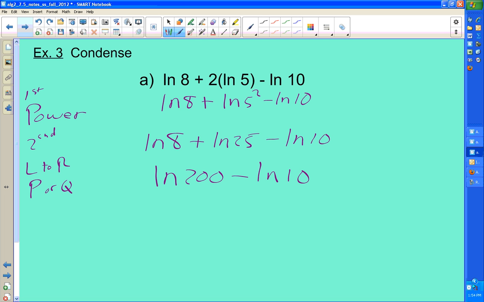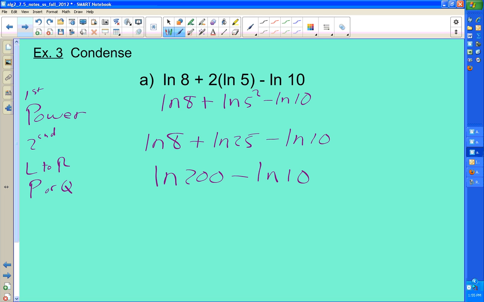Right now, we need to make sure everyone got the 200. Because I said go left to right, product or quotient property, whatever comes first. Left to right would be add these two together. What property shows you adding two logs? The product property. What do you do with the 8 and the 25? And that gives you 200.